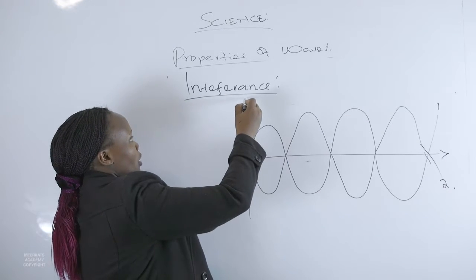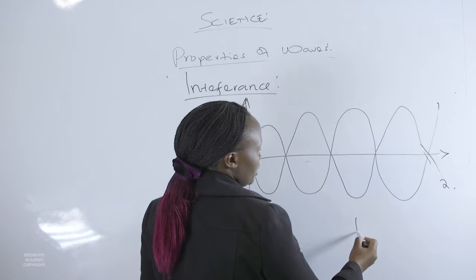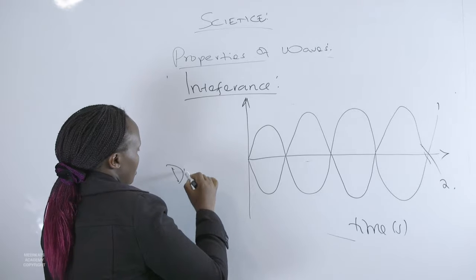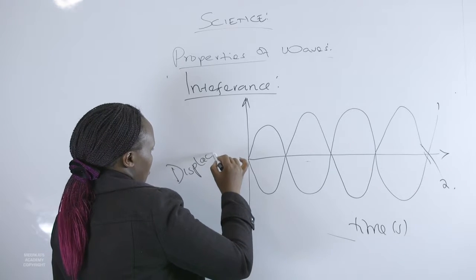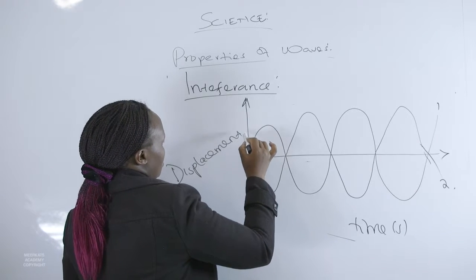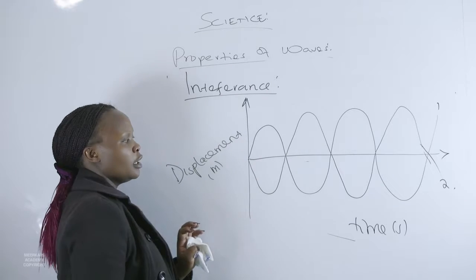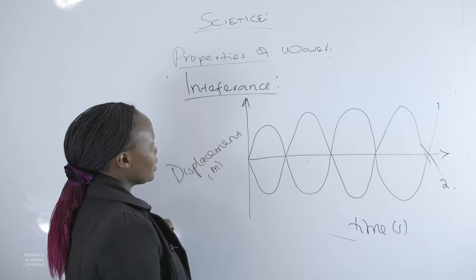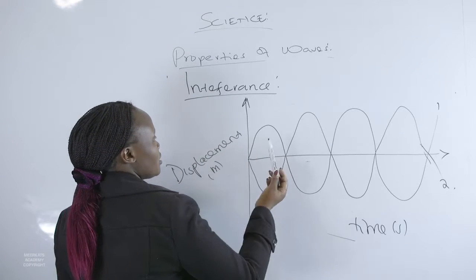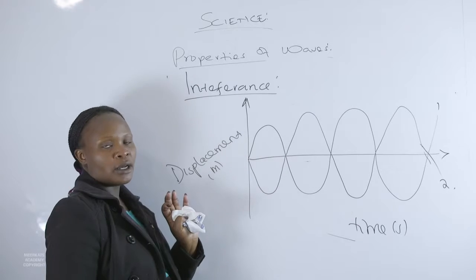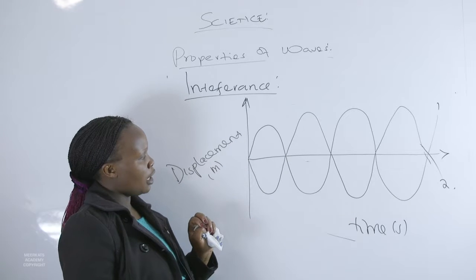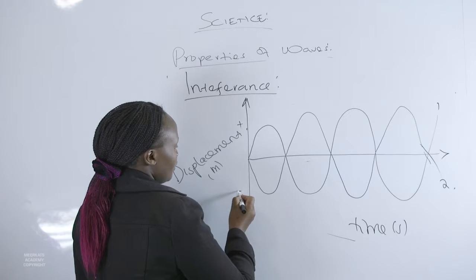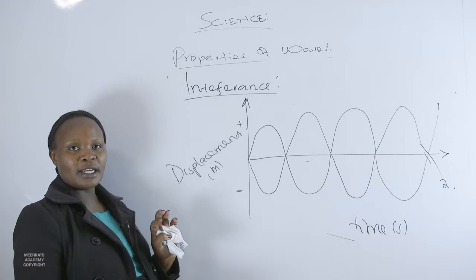Now, if this be a displacement-time plot, then we expect that the upper side of our y axis is positive. This one is positive and the other one is negative.